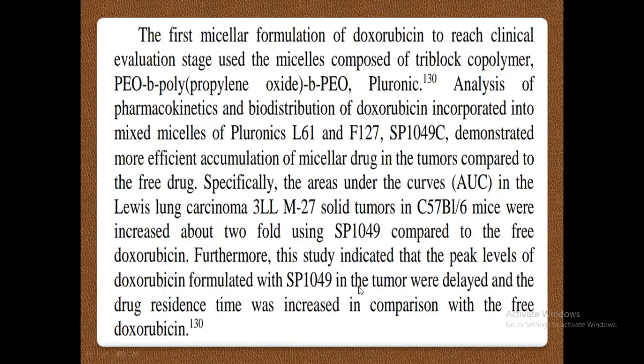This particular doxorubicin formulated with these tumors was delayed, and the drug resistance time was also increased in comparison with the free doxorubicin. The release of the drug into the target, that is the tumor here, is very slow. Then only the target will be attacked completely. So when you compare with free drug, this formulated doxorubicin is released very slowly, and it attacks the tumor.